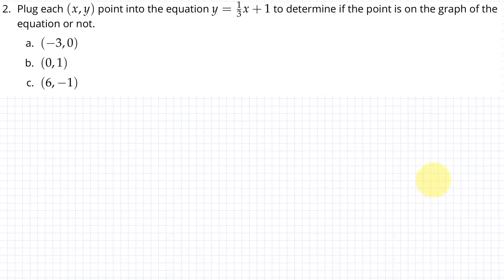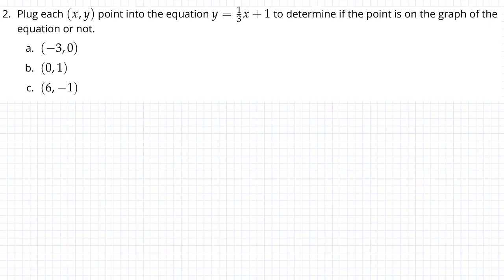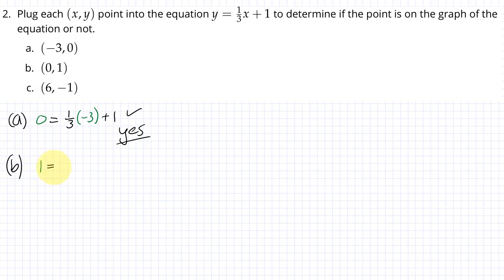Let's try this with number 2 again. For part A, we have x is -3 and y is 0. We want to see, is 0 equal to 1/3 times -3 plus 1? And it is. I'll let you check the arithmetic, but you got 0 equals 0. For part B, we're going to plug in y equals 1 and x equals 0.